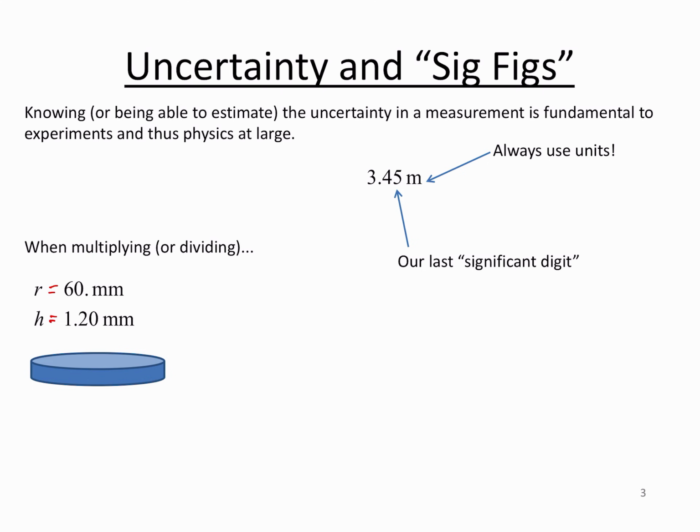Right here, we're given the radius and height of this disk or cylinder. And if we wanted to compute the volume of that cylinder, we would have to break out. Let's see if it's going to render. Yeah, see, they're going to drop all the minus or equal signs on us, and a few other things.